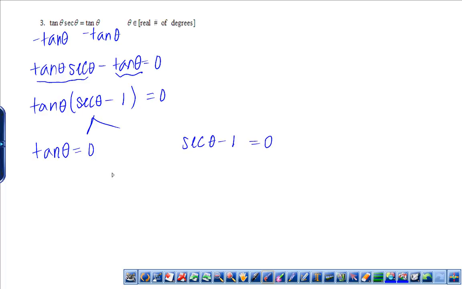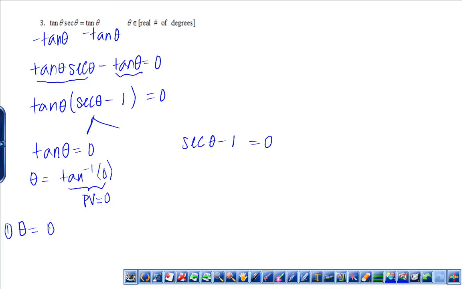So I have two equations that I can solve now. So I can solve this for theta, and this gives me arctan of 0. And so arctan of 0 is 0. So my principal value is 0.